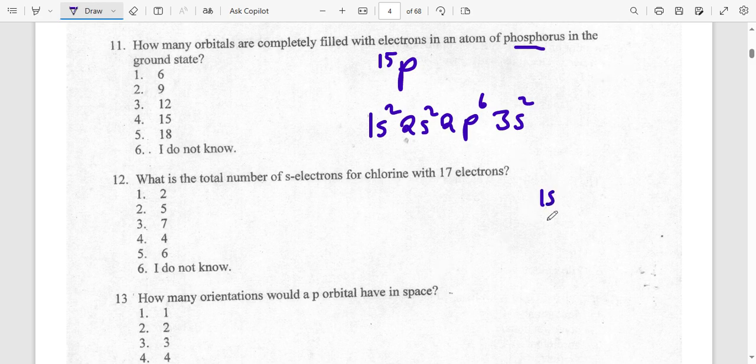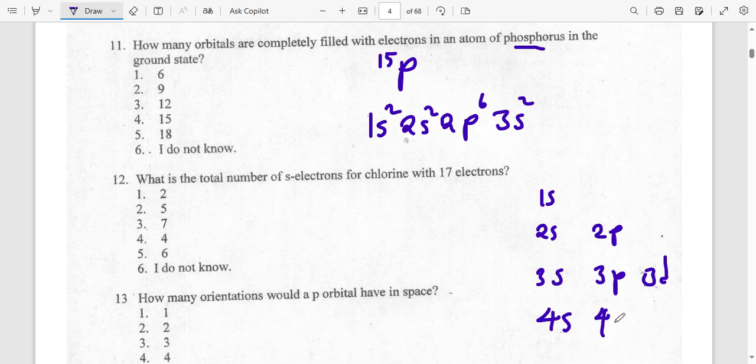You start with 1s, and then 2s, and then 2p, and then 3s. And then here we have 3p, 3d, 4s, 4p, 4d, 4f.